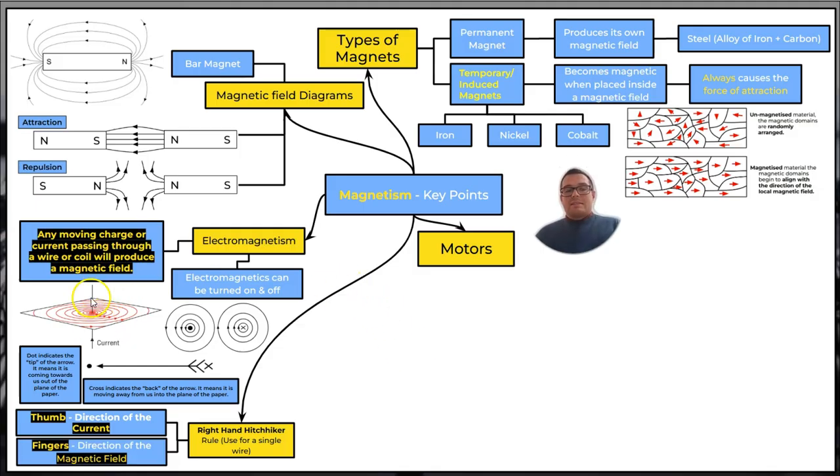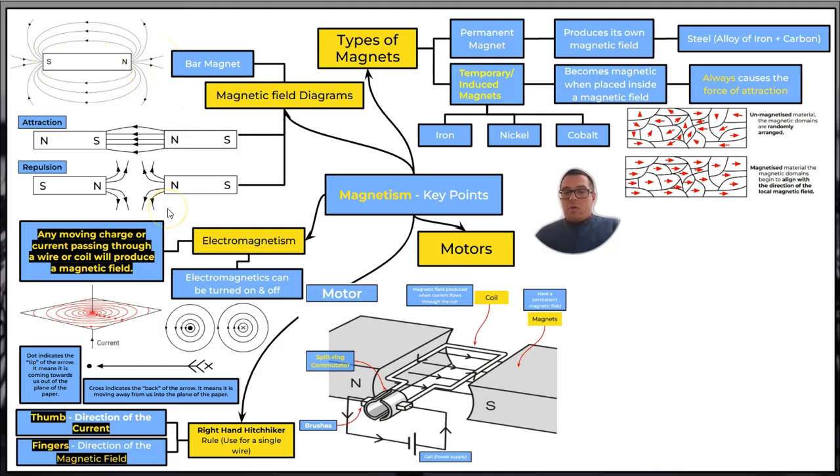And so we can take that single wire and we can wrap it round to form a solenoid, which is a coil of wire. And the solenoid has a magnetic field just like a bar magnet, but the magnetic field passes all the way through the centre of the coil and it's constant inside that coil. We can then use that coil and place it between two of the bar magnets. So this is our motor.